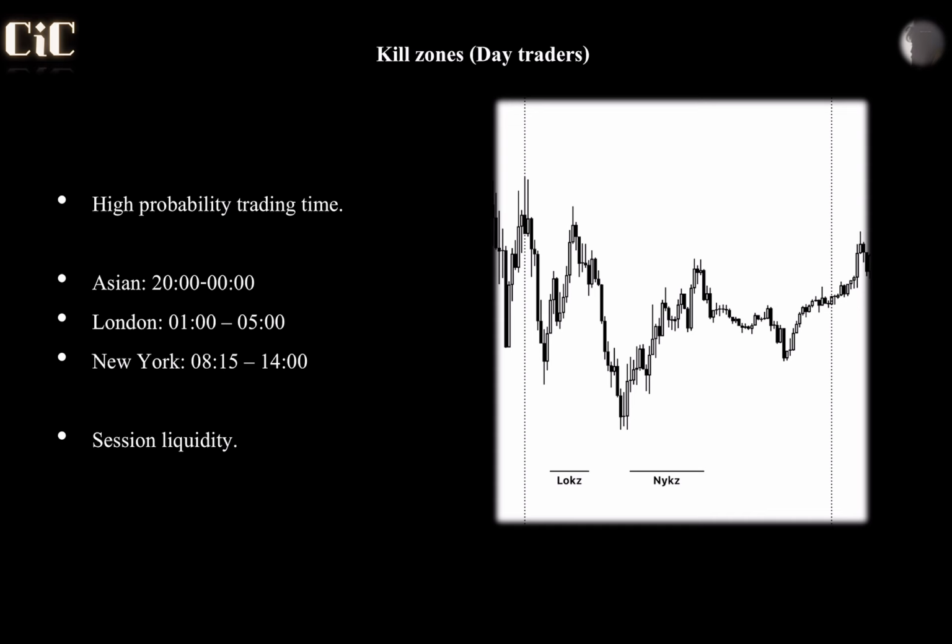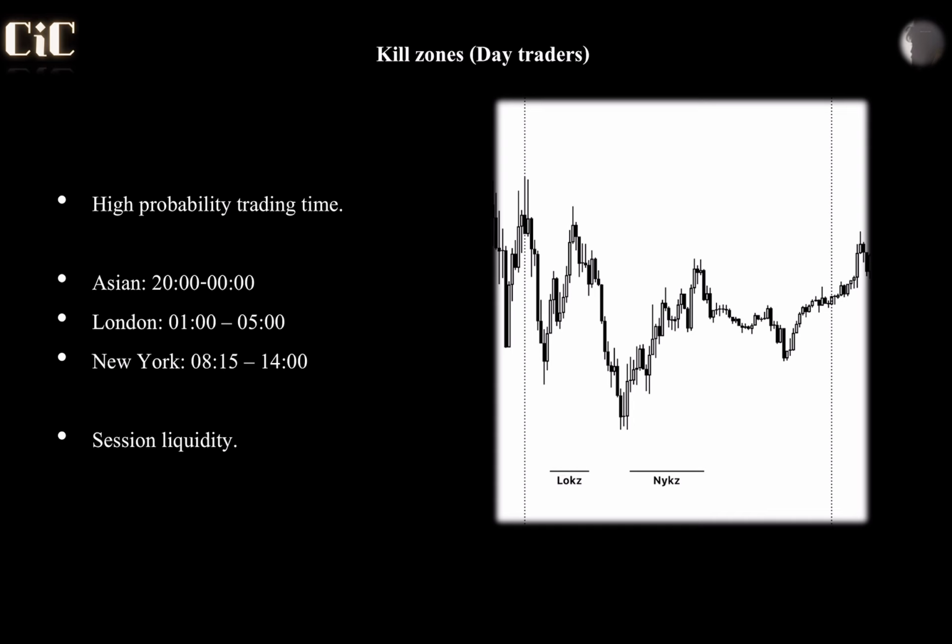And a phenomenon for your study is session liquidity, which is, what does New York do when it turtle soups London's liquidity? And vice versa. Right? So each session is taking the liquidity of the previous session and moving in a certain pattern.